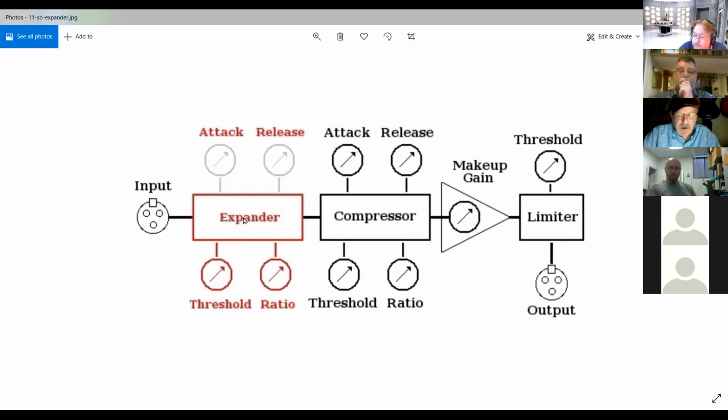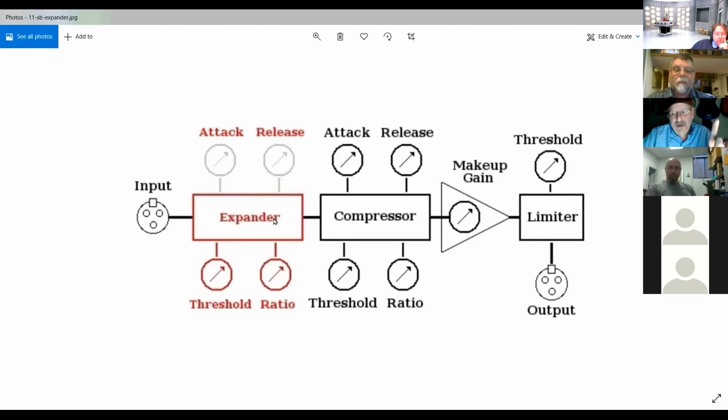The original noise gates would basically slam shut, open up very quickly because the attack time was extremely fast. And then depending on your release time, you would actually have a little bit of noise until the expander finally closed.